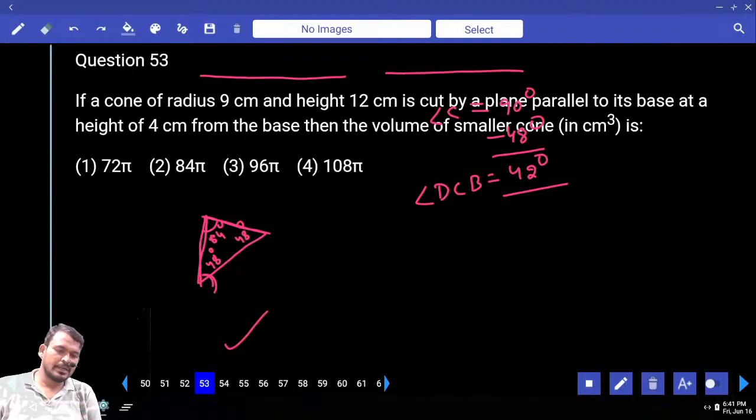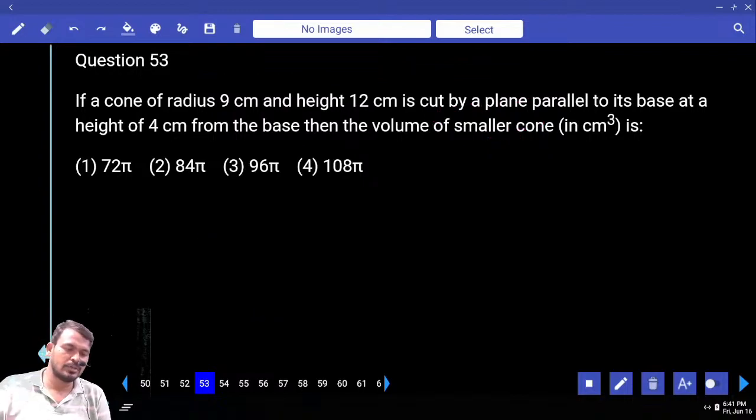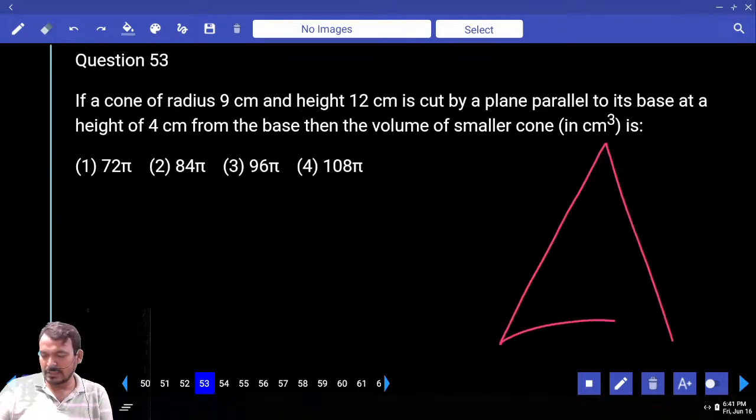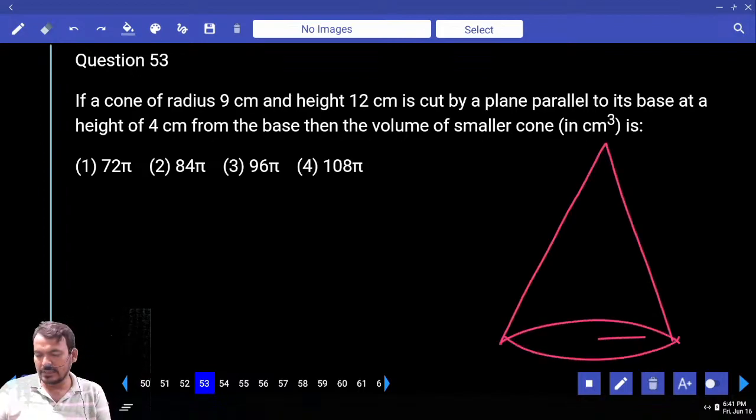If a cone of radius 9 centimeters and height 12 centimeters is cut by a plane parallel to its base at a height of 4 centimeters from the base, then what is the volume of the smaller cone? Okay. Here the cone radius is given as 9 centimeters and height is 12 centimeters.